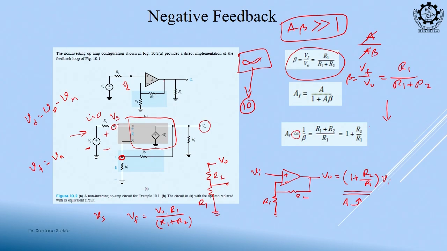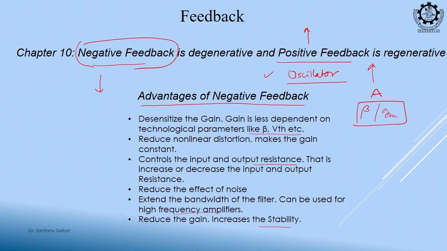So, just a quick recap of what we discussed: positive feedback, negative feedback advantage, it is making the circuit desensitized. The dependence on the technology parameters is reducing, gain is reducing, that we agree, but it tends to stabilize the circuit.